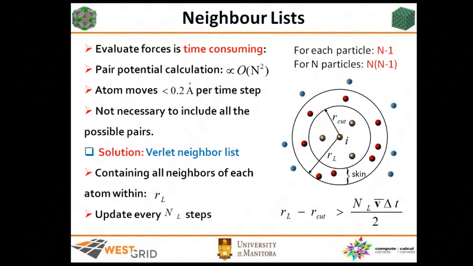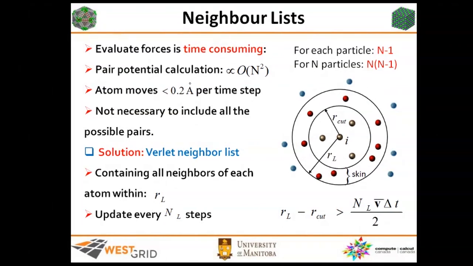The second ensemble is NVT. Here we have a fixed number of particles and fixed volume. The shape of the simulation box doesn't change with time, and the temperature is also controlled.